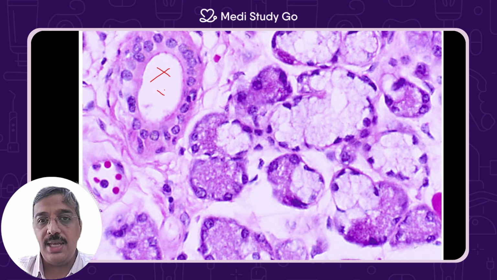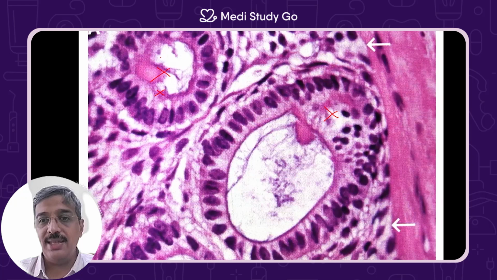So here you can see a striated duct of a salivary gland, and you can see the mucus acini of the salivary gland. The odontogenic epithelium proliferates in such a manner that it gives duct-like appearances. Hence the name adenomatoid, which looks like an adenoma.